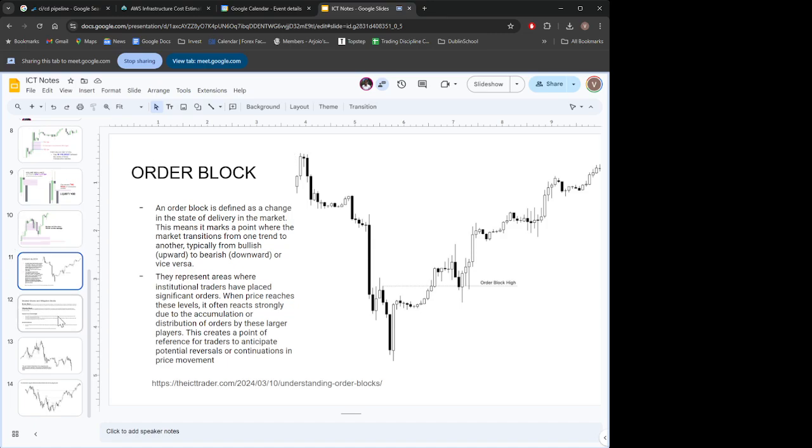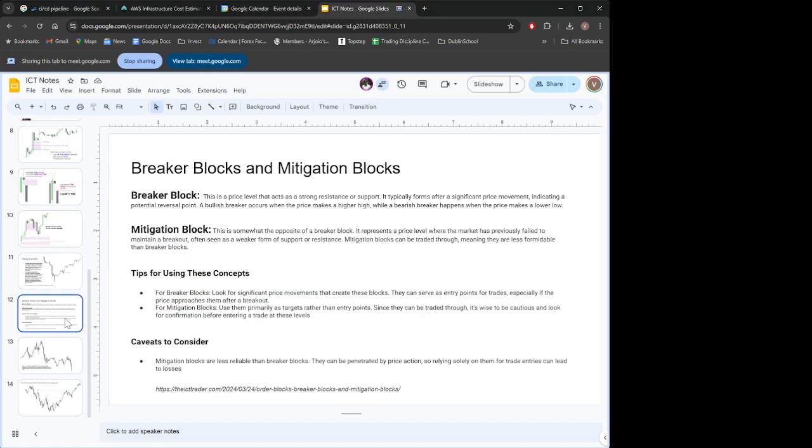These candles in the middle are typically called breaker blocks and mitigation blocks. These are two very specific kinds of order blocks. A breaker block is extremely important because once it forms, it's a good place to take an entry, to actually buy or sell.